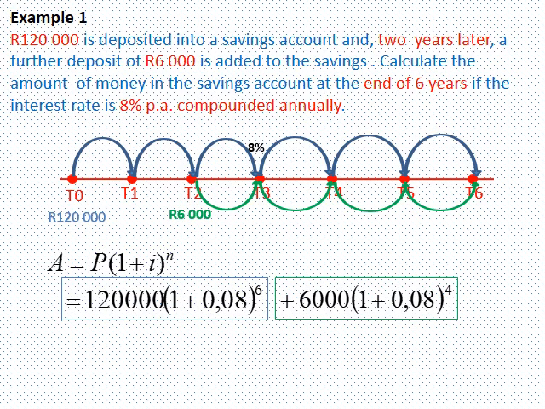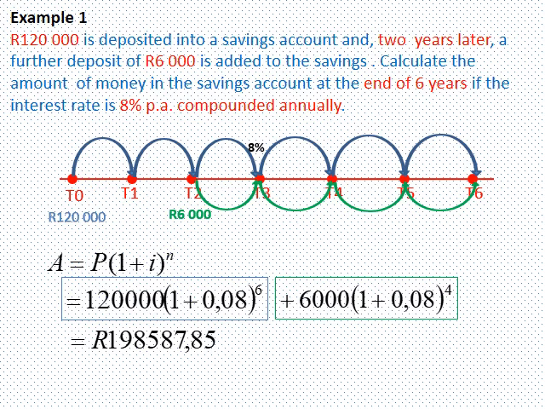And that is why our number N for the compound interest formula for the 6,000 Rand is a 4. This method allows you to plug everything into your calculator in one go and get a beautiful final answer of 198,587 Rand and 85 cents.